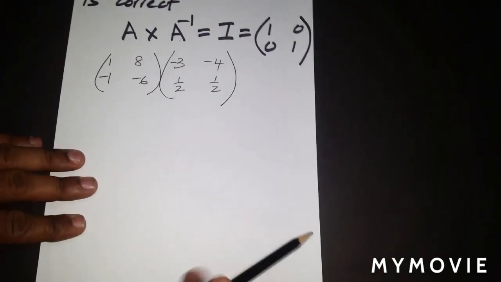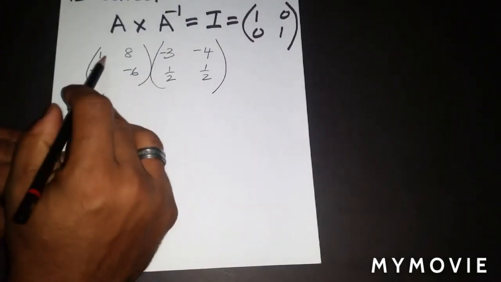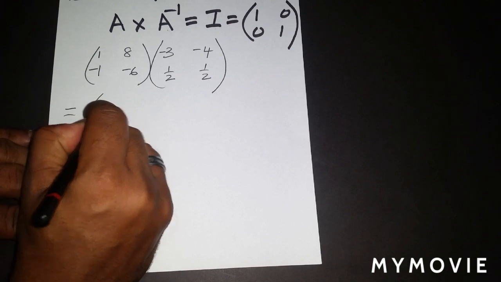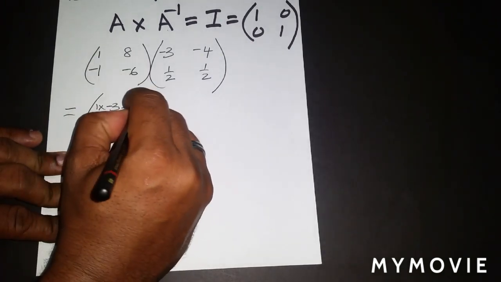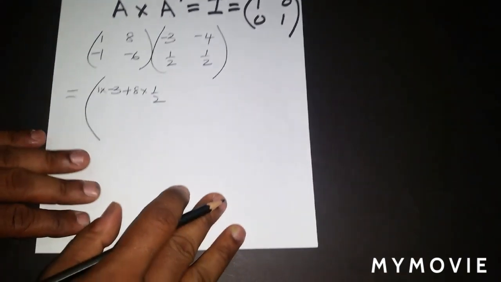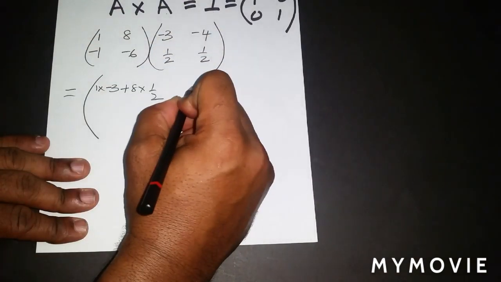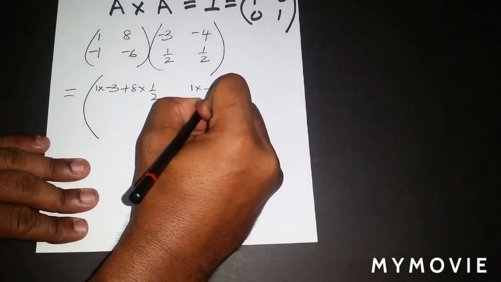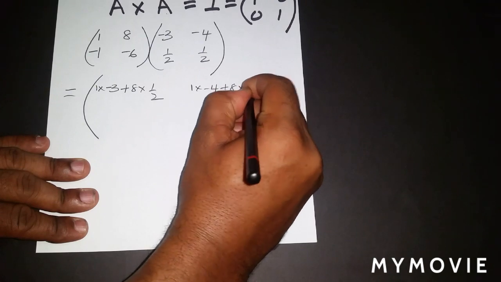All right, so again, it's row by column, if you remember multiplying matrices. So it will be 1 times -3 plus 8 times a half. Then over to the next column, same row, so it's 1 times -4 plus 8 times a half.